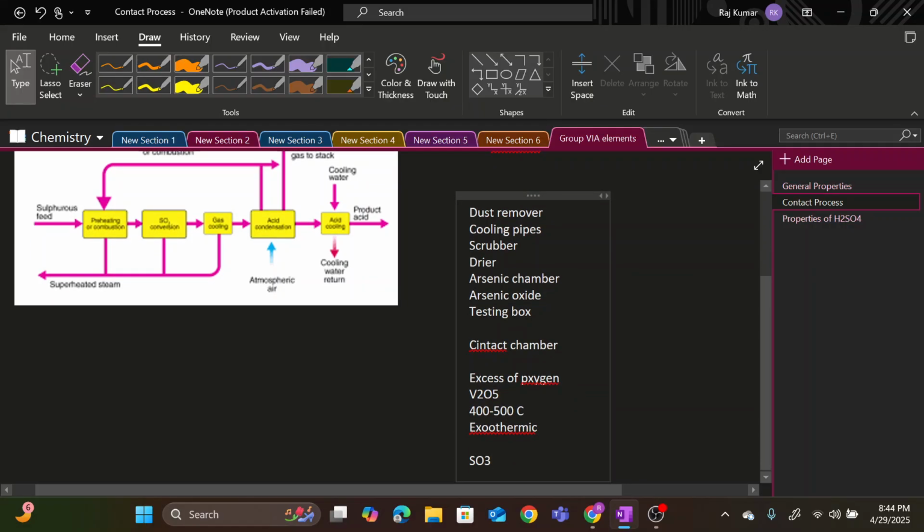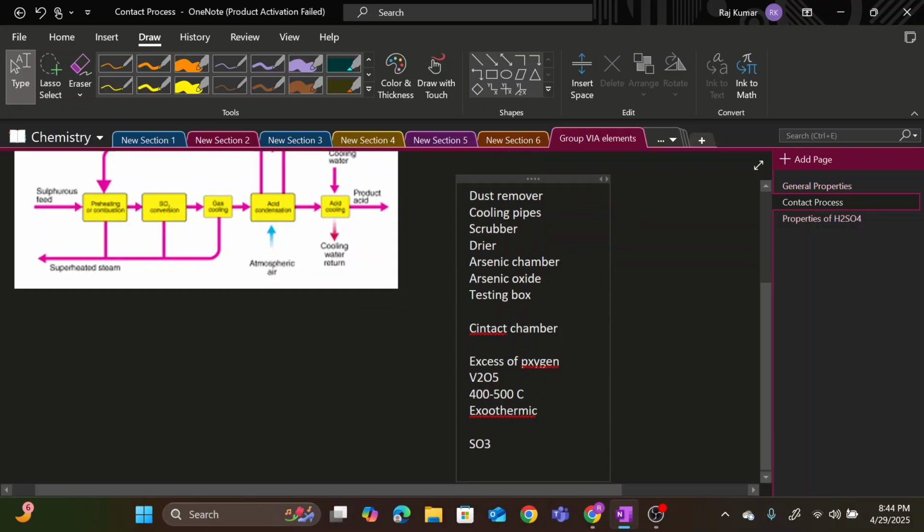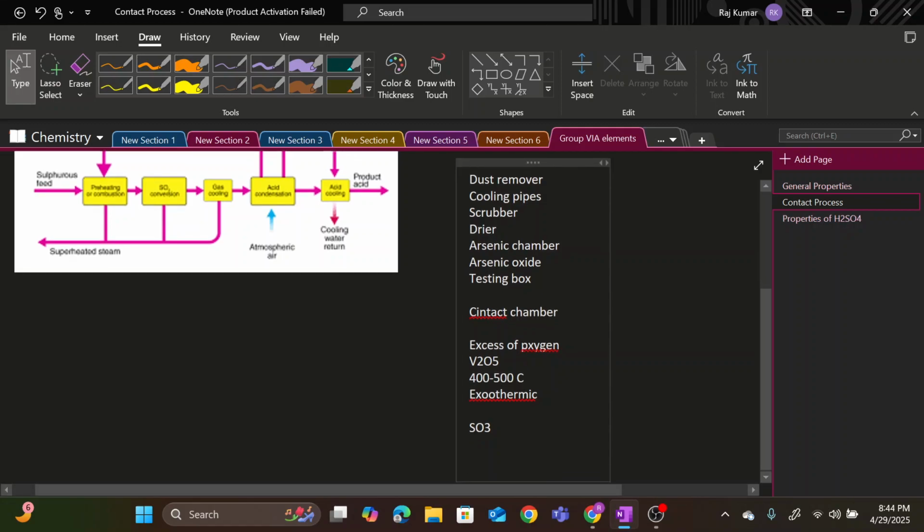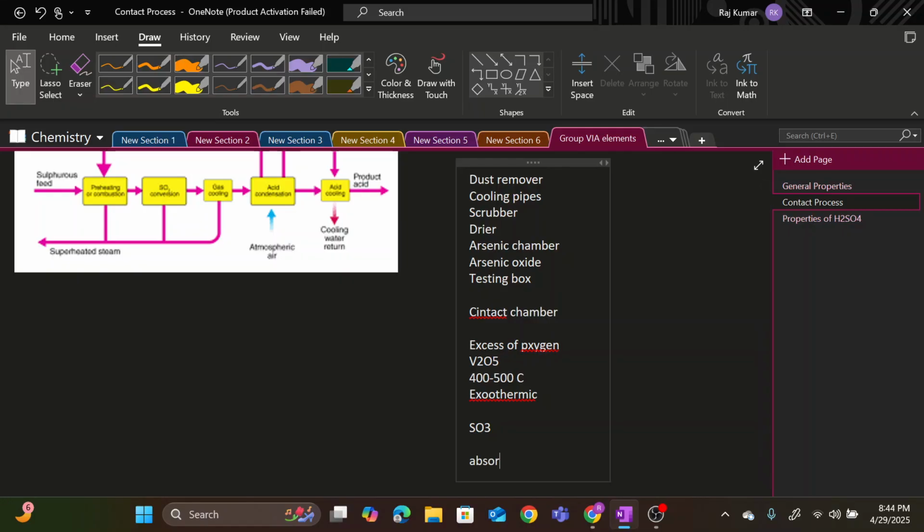And when the sulfur trioxide gas is formed, it is very important. It is then sent into the absorption chamber or the absorption unit.